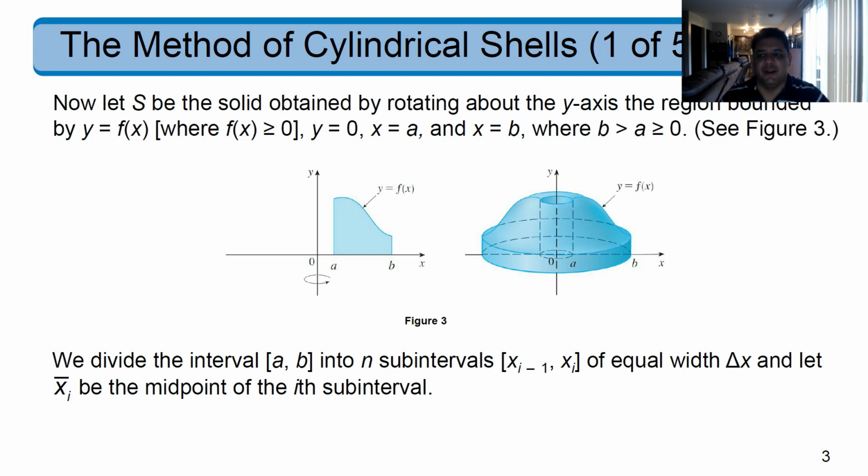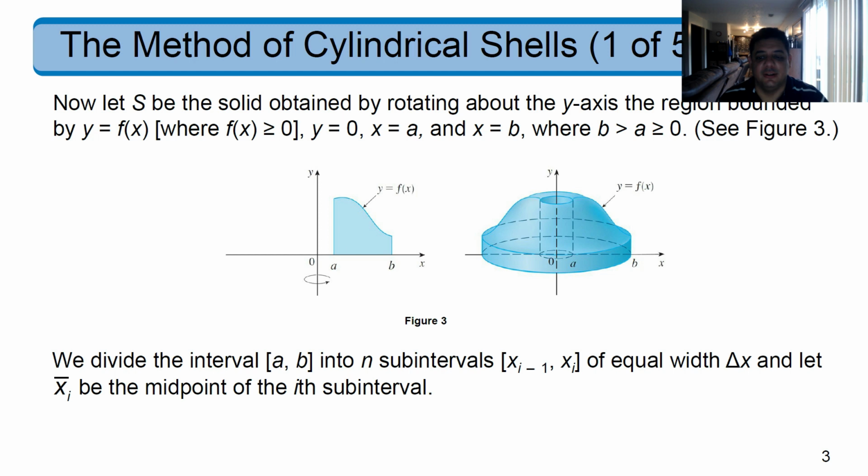So what is that about? We're going to use pretty much the same notion as before, but remember that with disks or washers we were taking cross sections perpendicular to the rotating axis.